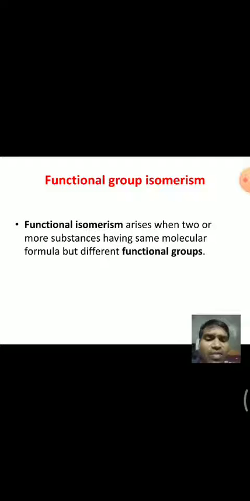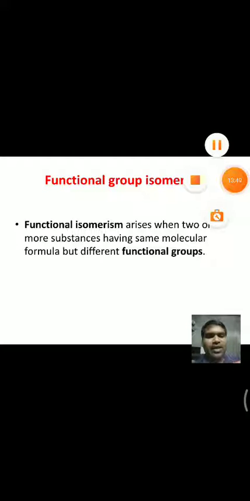That means the molecular formula of the 2 compounds is the same, but they have different functional groups. That type of isomers are said to be functional group isomers.